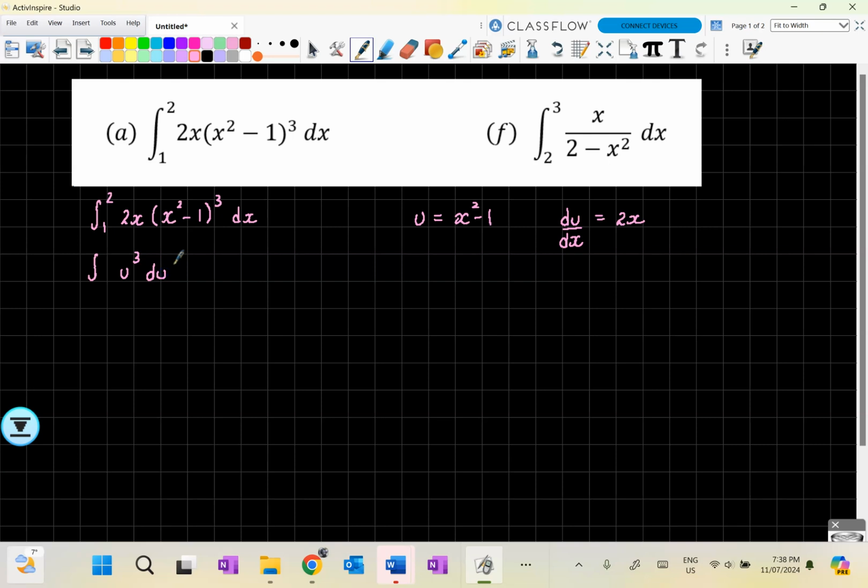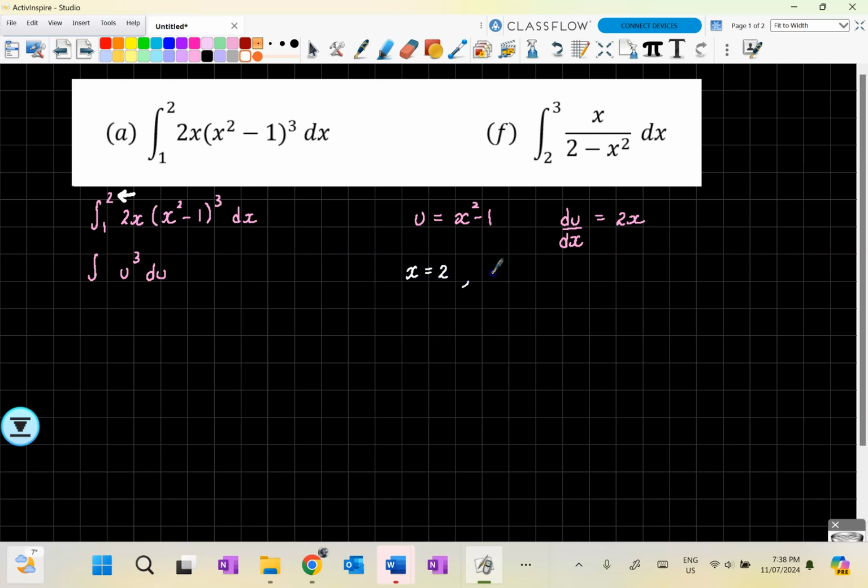So here comes the bit that is new, the bit that you have to look into and change. Because I'm now doing it with respect to u, I need to make sure that my x values are now in terms of u. So let's look at when x equals 2.